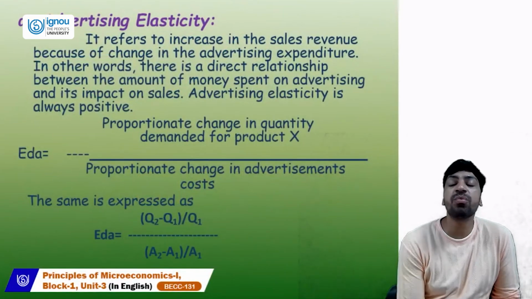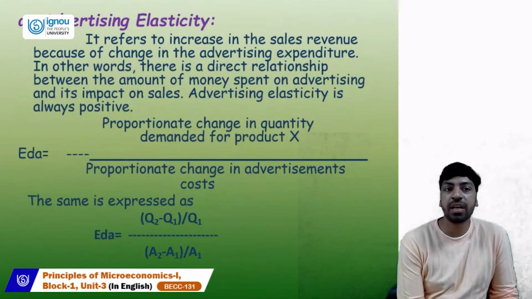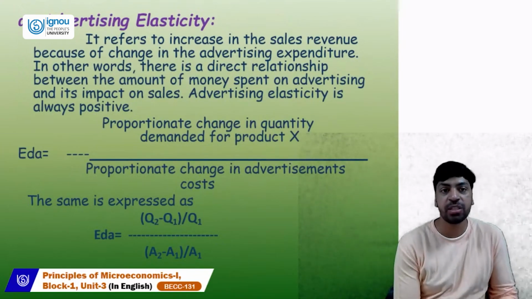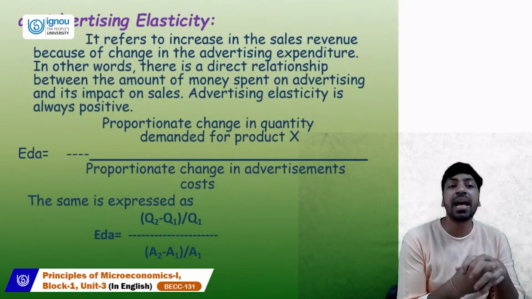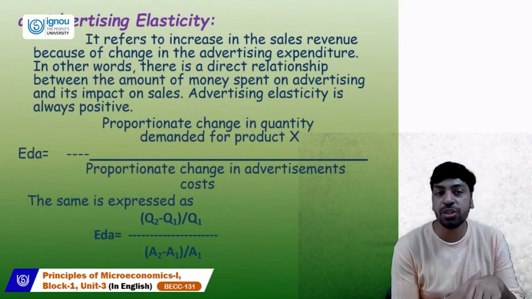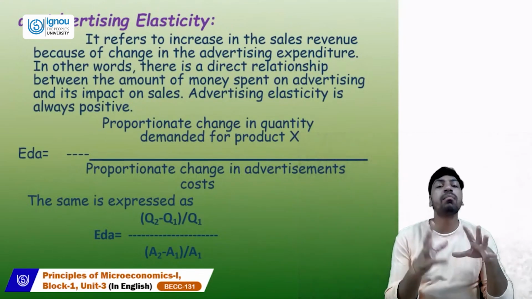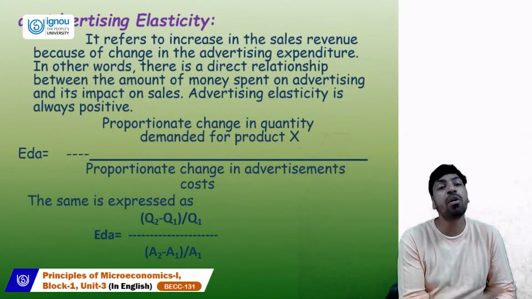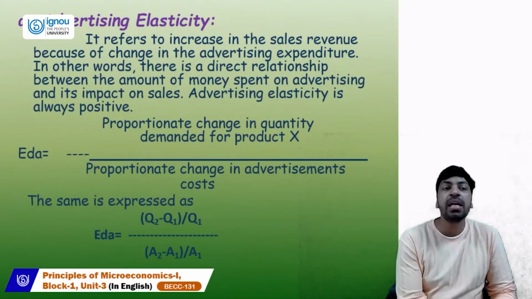Advertising elasticity of demand refers to an increase in sales revenue just because of a change in advertising expenditure. In this type, there is a positive relationship between the amount spent on advertising and its impact on sales revenue.